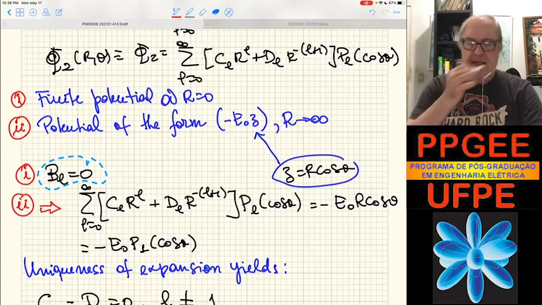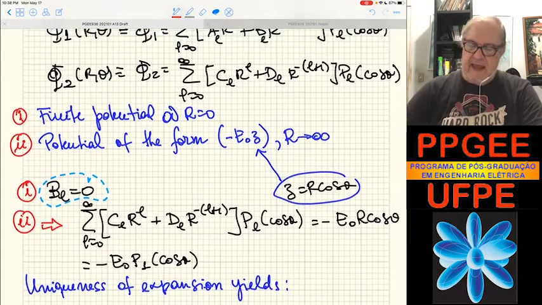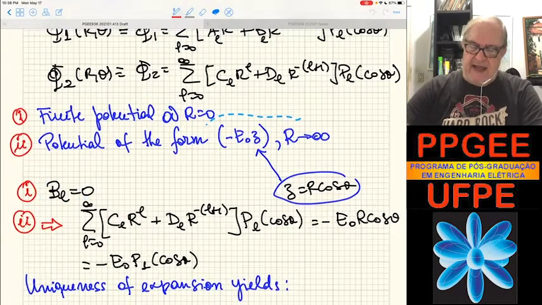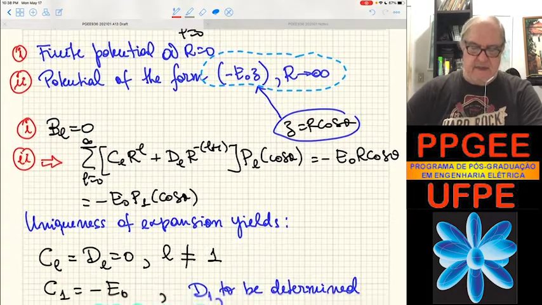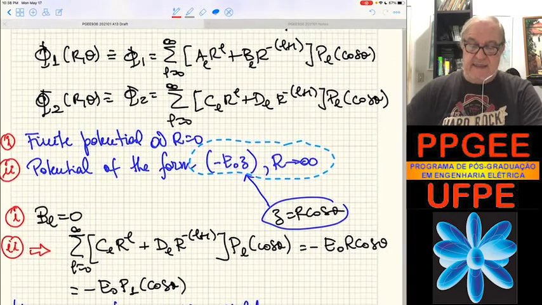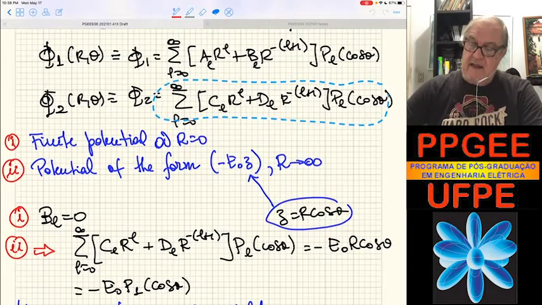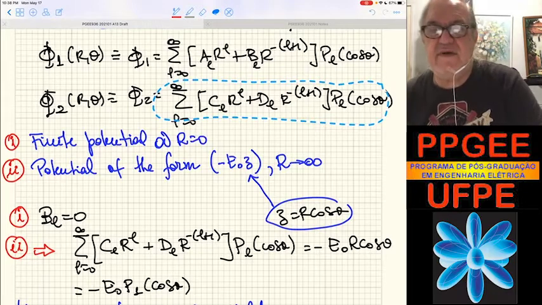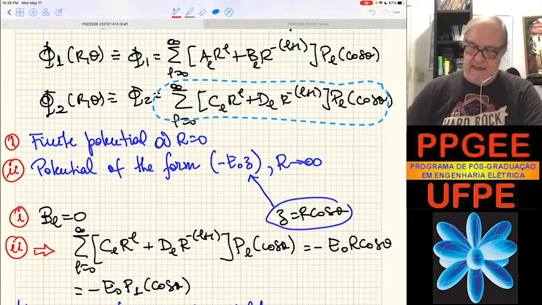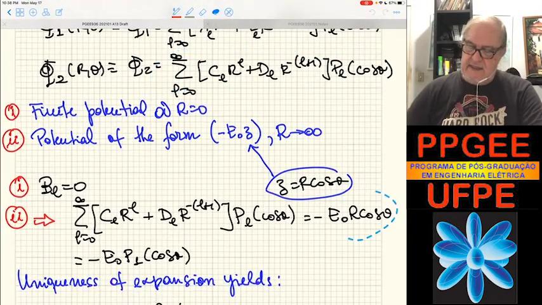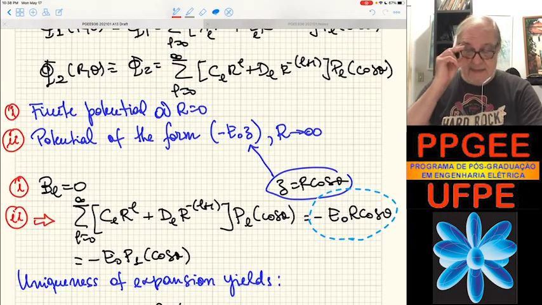Okay? The asymptotic behavior of the potential for large R: we have to make sure that the limit of this function is exactly minus E0 R cosine theta.